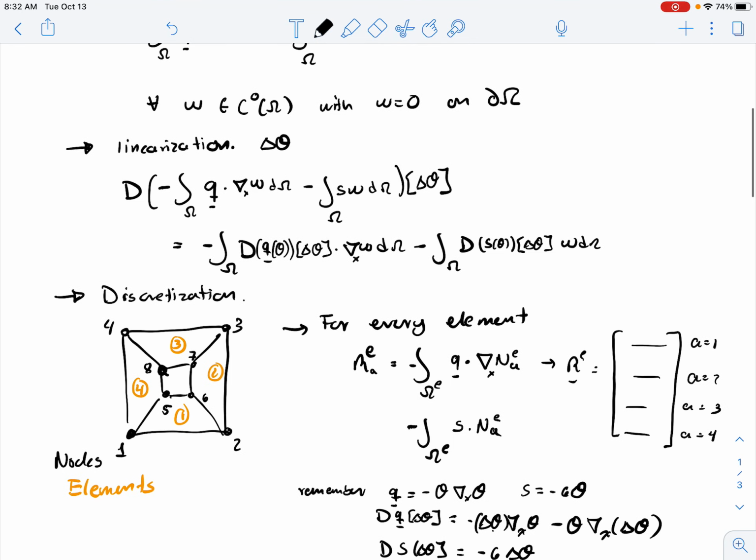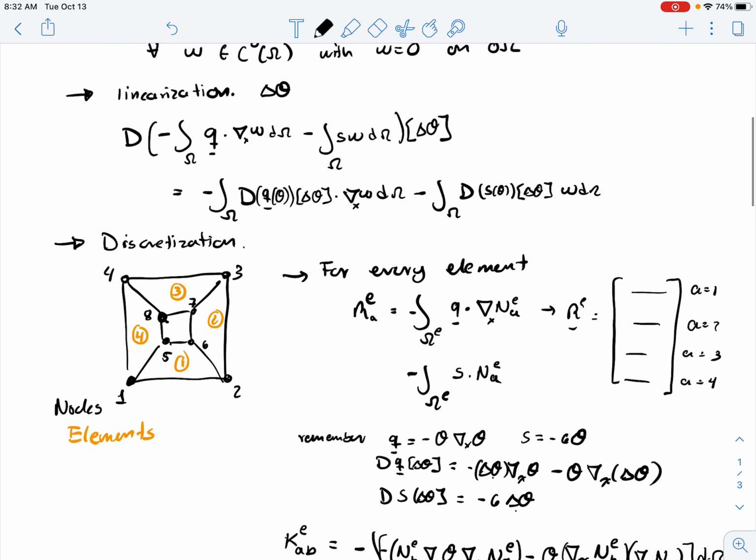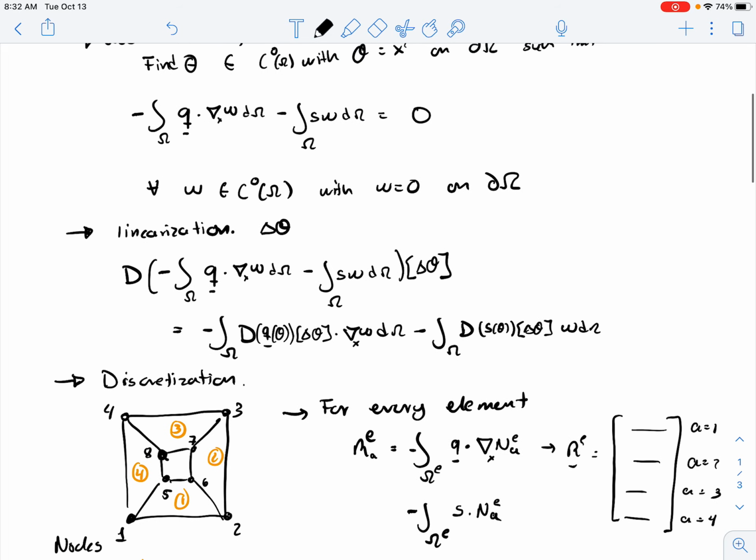All of this is still continuous, but we'll have to introduce some discretization. We have done this for the quadrilateral elements. We have a mesh, and then once you have a mesh, you have the residual and the tangent for every element. The residual is obtained from the weak form once you plug in the fact that W equals the sum of the shape functions times the nodal values.